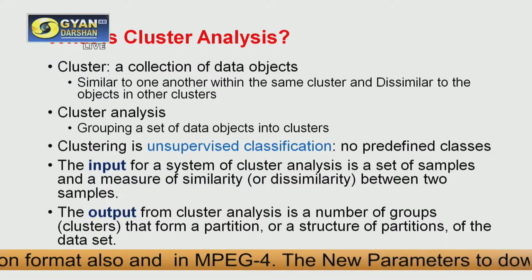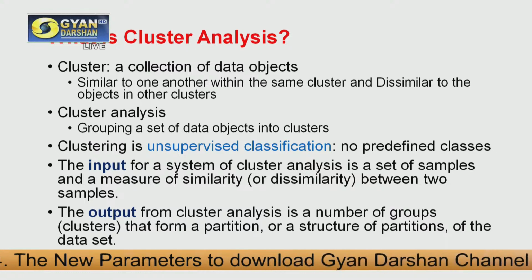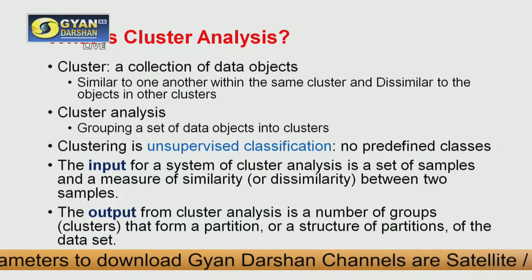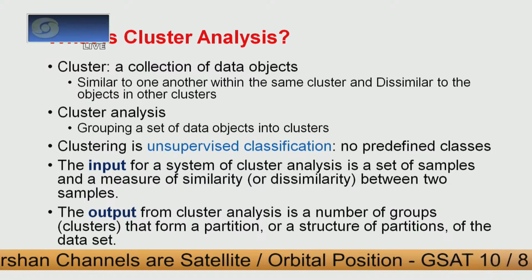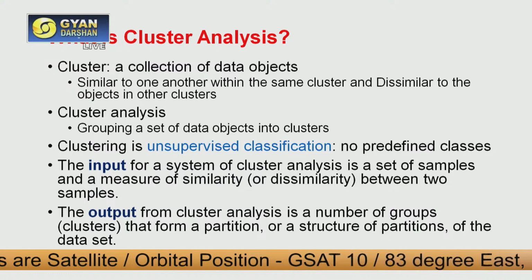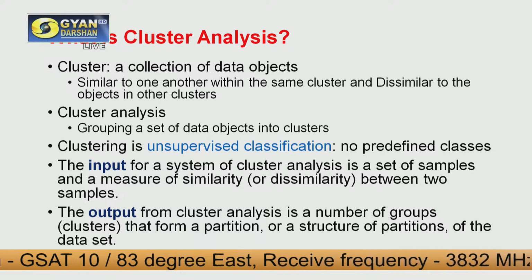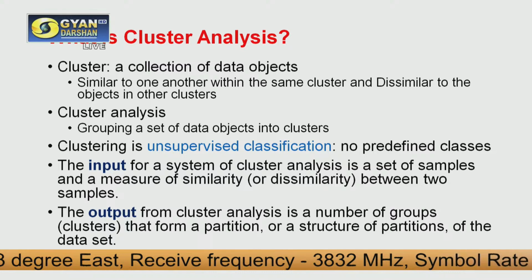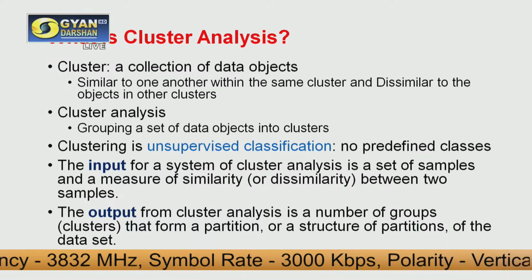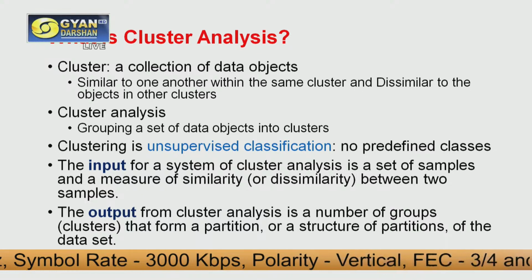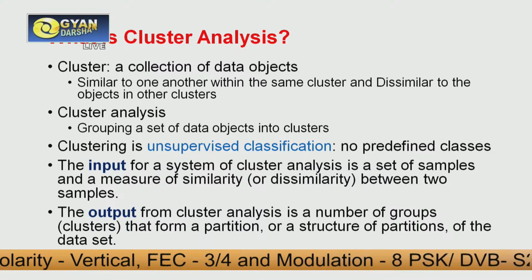So what exactly do we need? We need an input for the system for cluster analysis, and some kind of measures, measures of similarity or dissimilarity between two samples. Once you know what kind of measures you are going to use, you get the output from this cluster analysis, and the output is always going to be the clusters. The number of clusters has to be defined by the user, the one who is interested in forming these clusters.